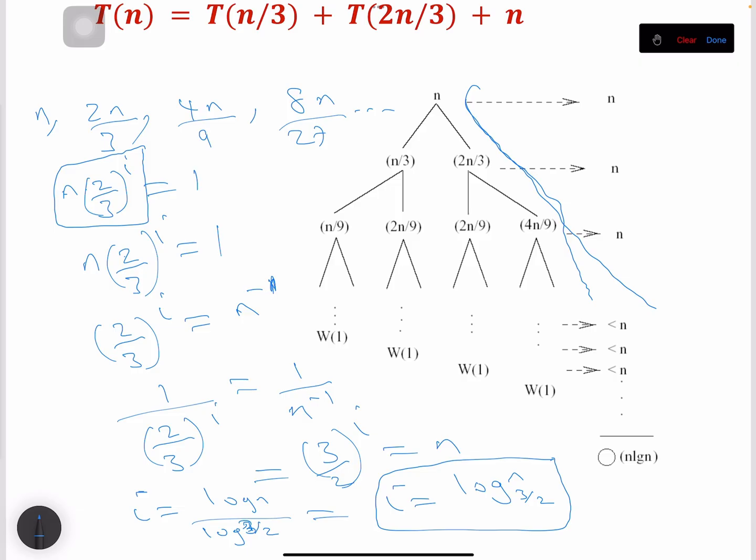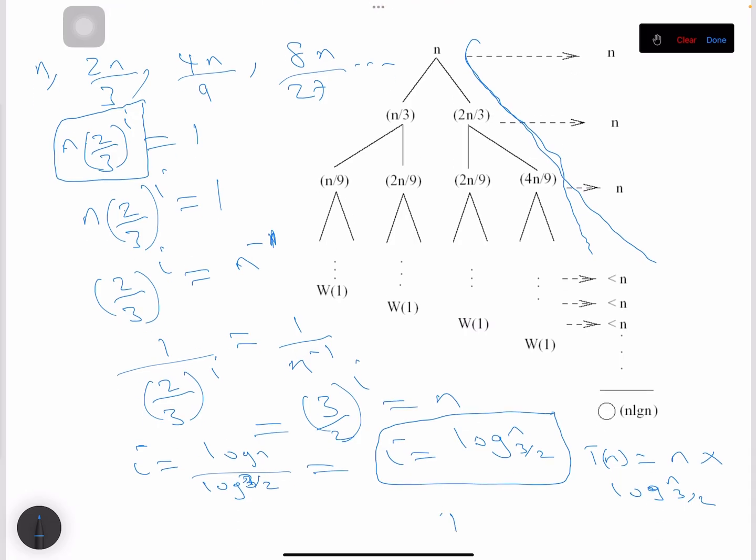So T of n is equal to n times log n base 3 over 2. So my T of n now is going to be big O of n log n. Okay. So that's the time complexity. So that's what you're seeing here. All right.